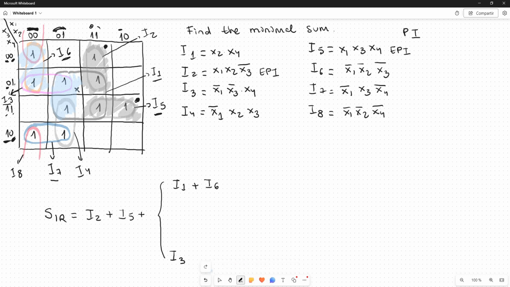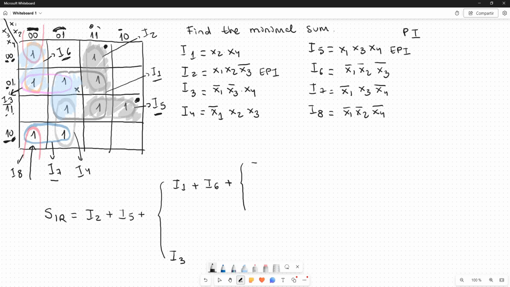I'm going to draw it here. This one can be covered again by two prime implicants, implicant 8 or implicant 7. So we have two alternatives.